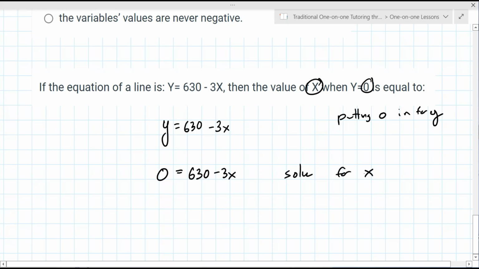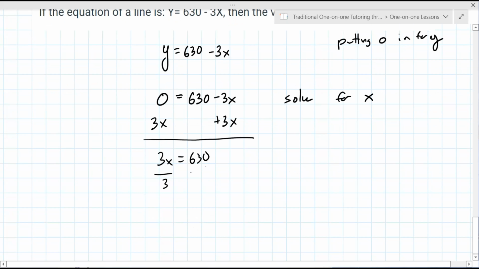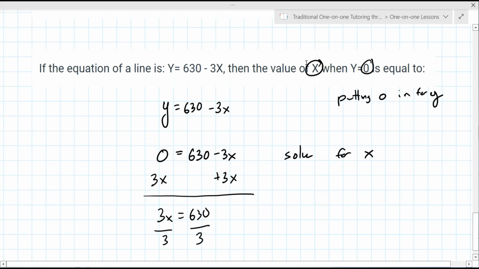Okay, so you add 3x to both sides. 3x equals 630. Divide by 3. x equals 210. That's the value of x it's looking for.